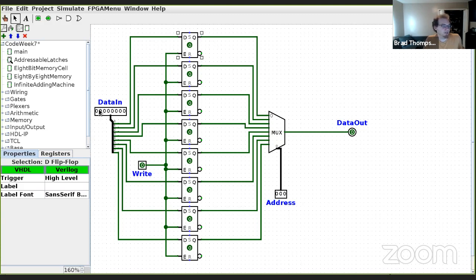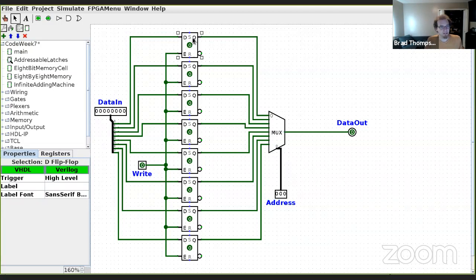We feed in 8 bits worth of data over here, split it up, and feed it into 8 1-bit latches. We have a write that tells each of the latches to save what they're seeing right now.